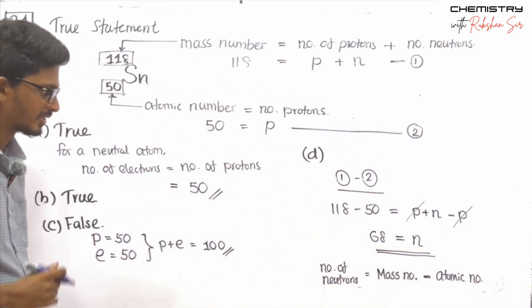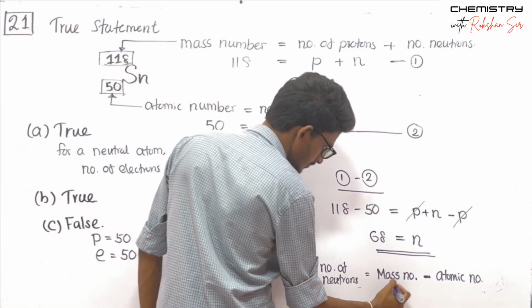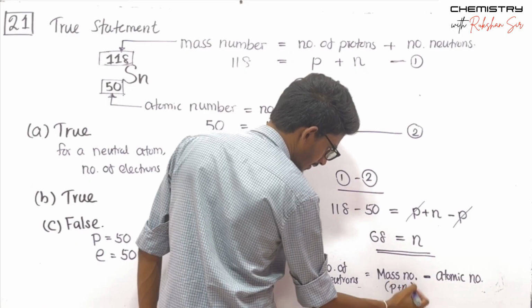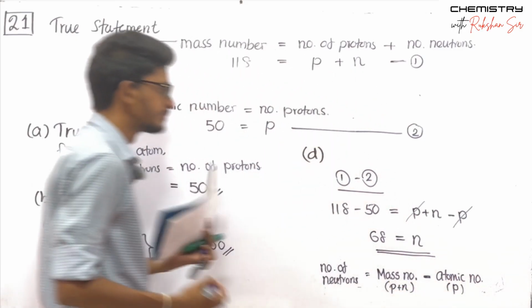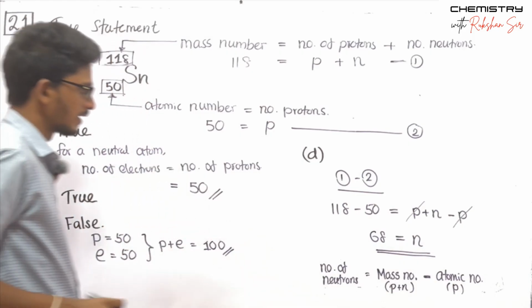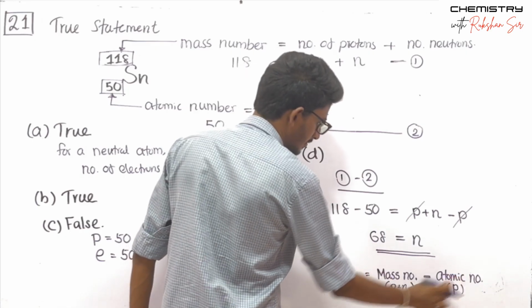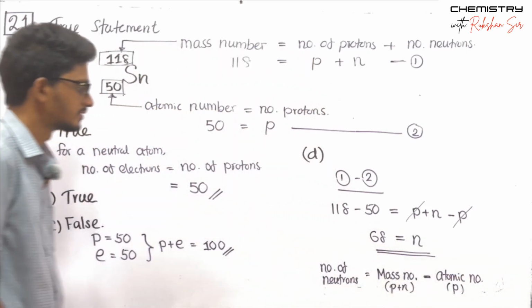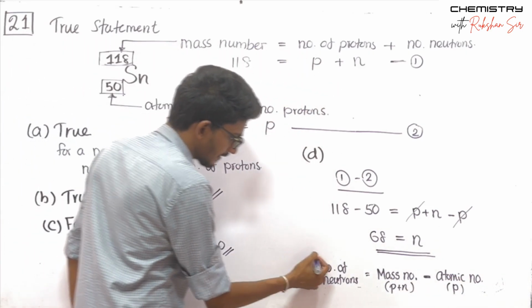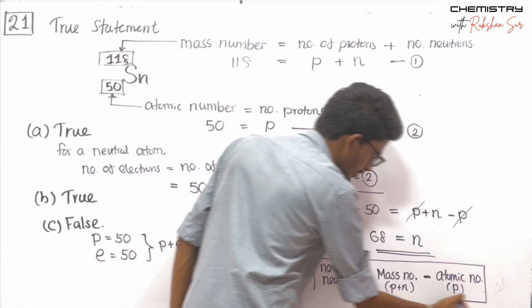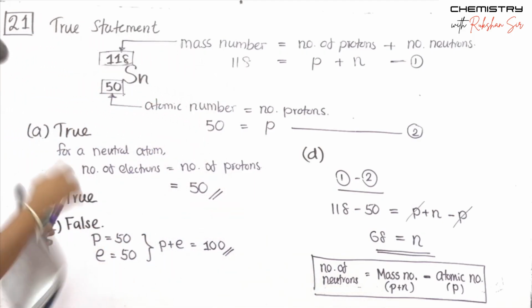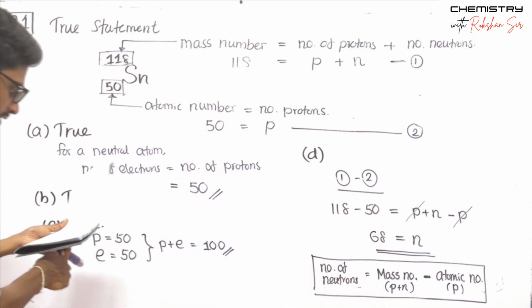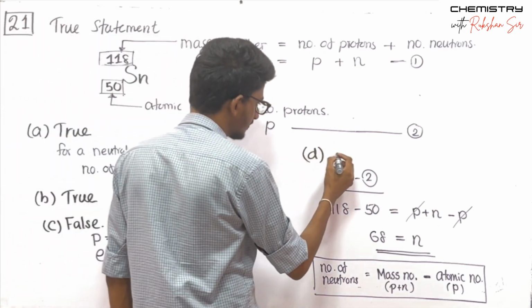Mass number is the sum of protons plus neutrons, and atomic number is the protons. So 118 minus 50 gives you 68. If you need a relationship, this is the relationship to find the number of neutrons. So the statement is true.